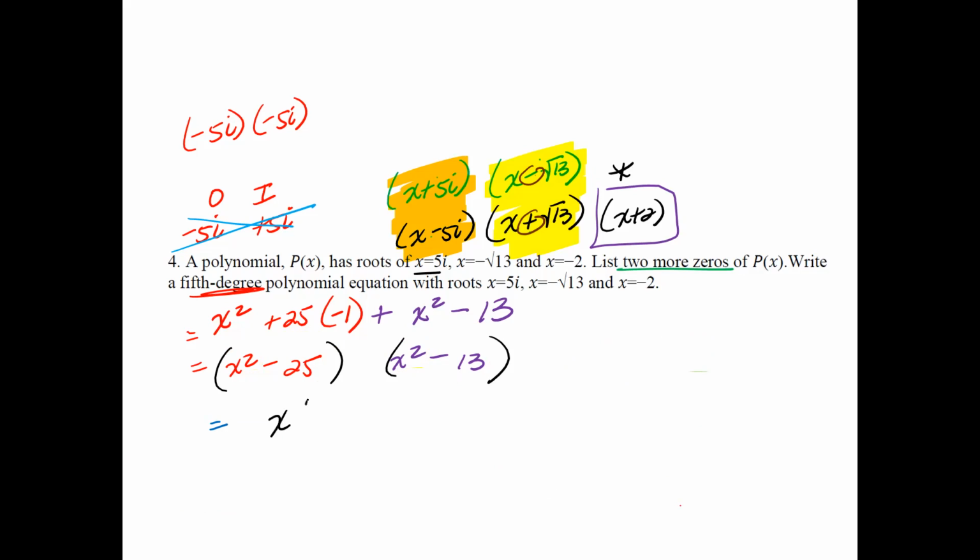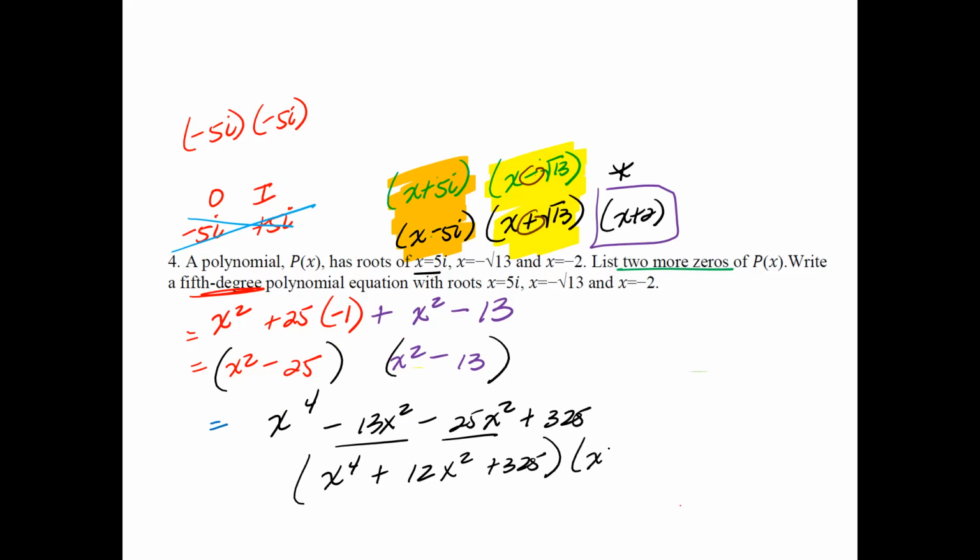If I FOIL it, it's x to the 4th minus 13x squared minus 25x squared, and then plus 25 times 13 is going to give me a positive 325. Then if I combine the like terms, x to the 4th plus 12x squared plus 325.